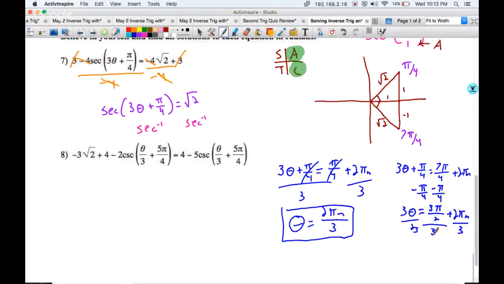Copy dot flop, this 3 would go onto the bottom and cancel out with that 3. And so now I've got theta equals pi over 2 plus 2 pi n over 3. And that is our full solution for number 7.